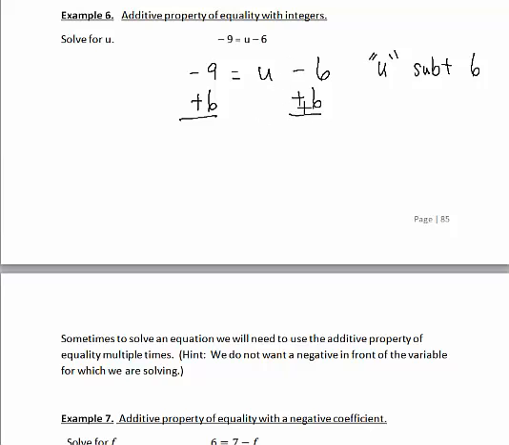So now if I add 6 on both sides, the 6's cancel on the right, only leaving a u. So still just a one-step equation, and adding 6 on the left would give me a negative 3.